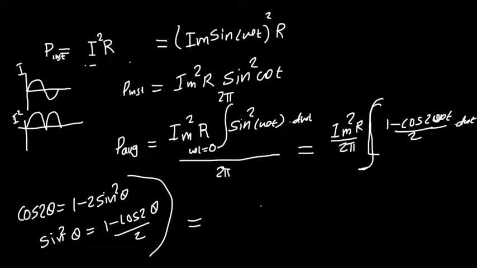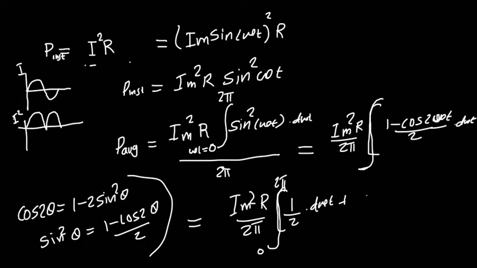Then that is equal to Im square R by 2 pi into, we can split the integral, 1 by 2 into the integral of d omega t from 0 to 2 pi, plus Im square R by 2 pi into the integral of cos 2 omega t by 2 d omega t.